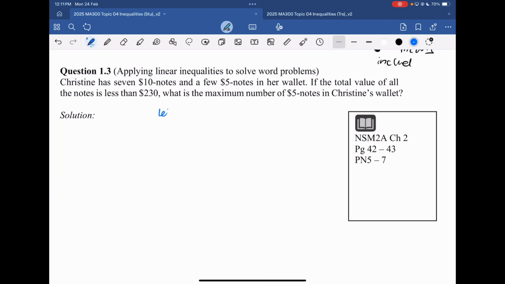You just let X be the number of $5 notes. So if you have 7 $10 notes, that's 7 times 10. 5X will be the value. It will be less than 230. Correct? Because it is less than 230.